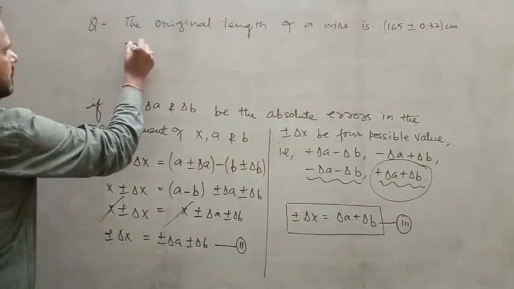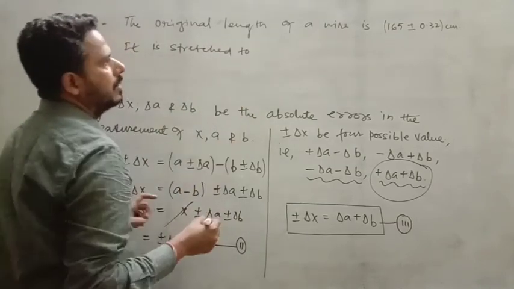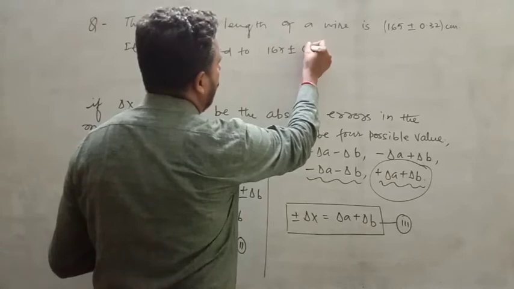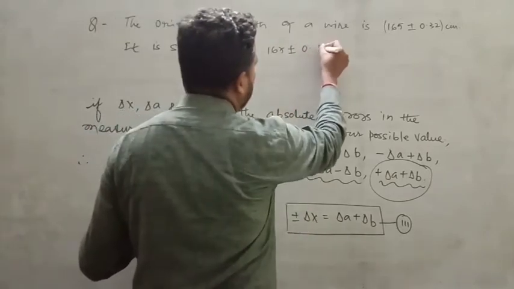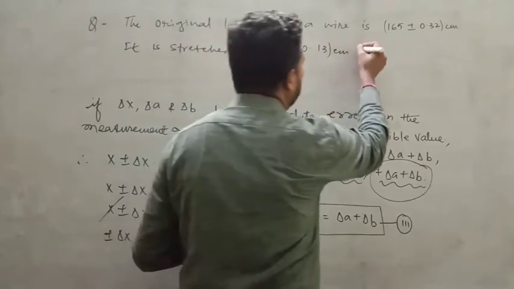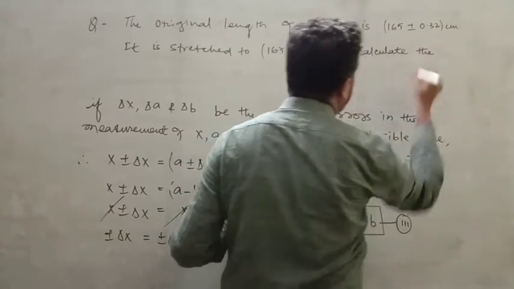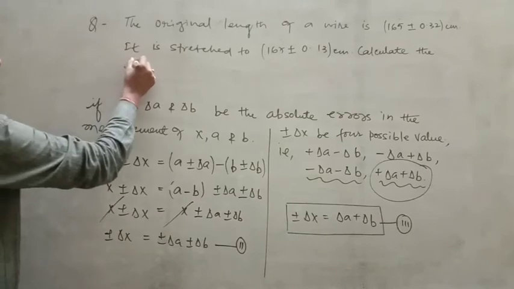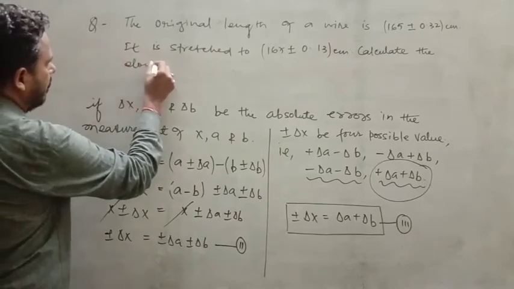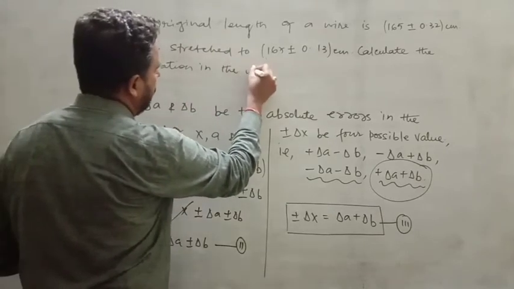It is stretched to 167 plus minus 0.13 centimeter. Calculate the elongation in the wire.